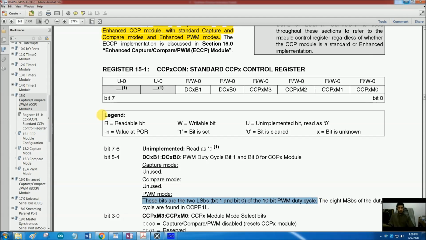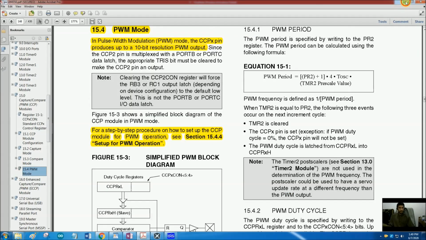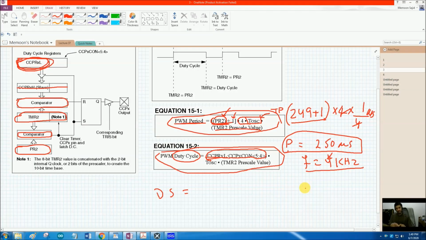Now it is to be noted here that PIC18F4550 has a 10-bit resolution duty cycle, not an 8-bit resolution duty cycle. They have just tried to make it more precise, but as all the registers in PIC18 are 8-bit, they are all of 8-bit size.